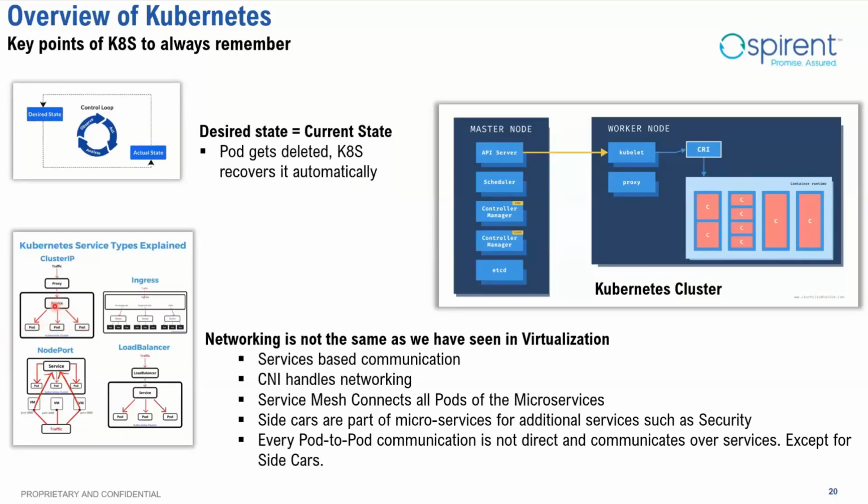You install an application, you get a manifest file to deploy the application. So the application alone does not get deployed. It also gets deployed with the service, and the service gets exposed. And we communicate to the service IP, not to the pod. Cluster IP, ingress, load balancer, and node port: there are 4 different types of networking.